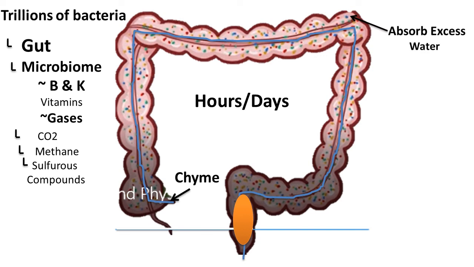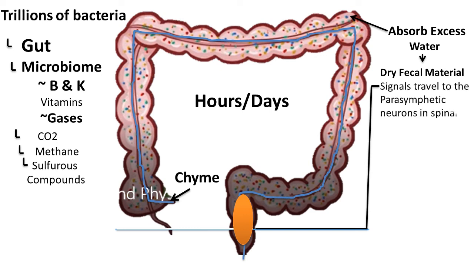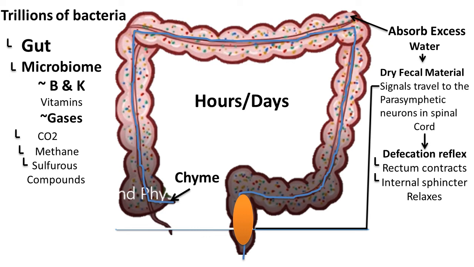From the chyme, the excess water gets absorbed by the colon, and then the dry fecal matter remains here, and then it travels toward the rectum. When the rectum stretches, the signal travels to the parasympathetic neurons in the spinal cord, and then the defecation reflex is generated. As a result, the rectum contracts and the internal sphincter relaxes.